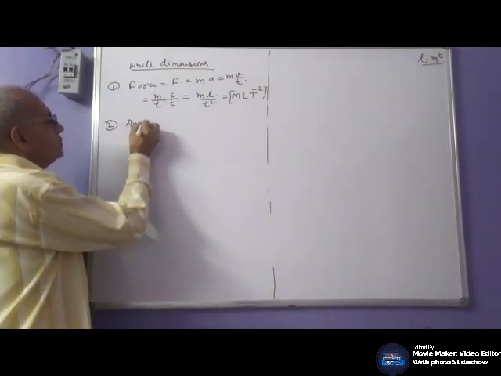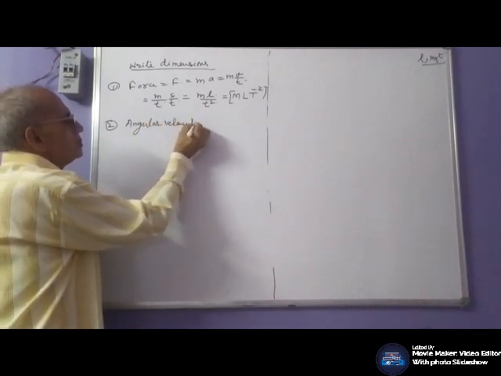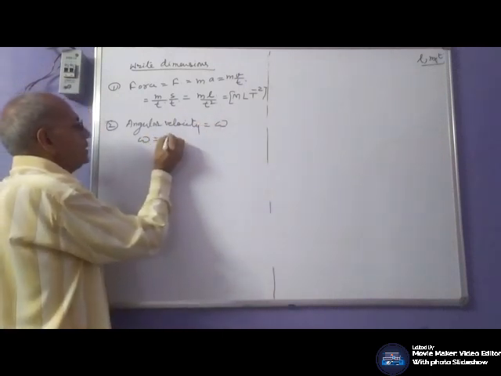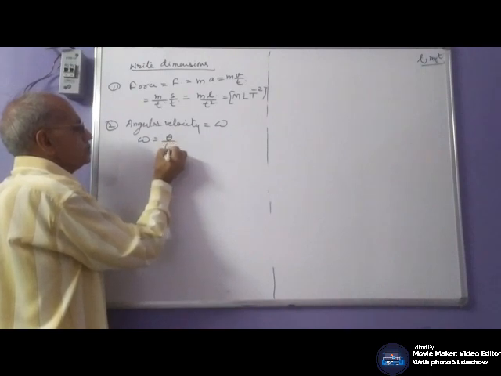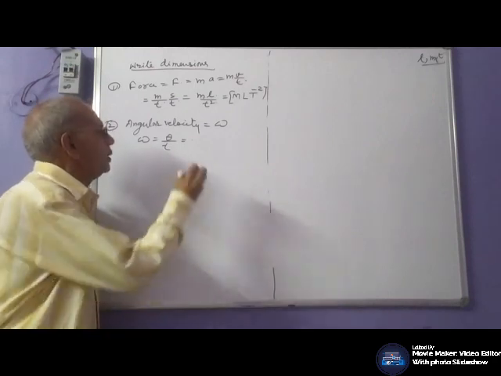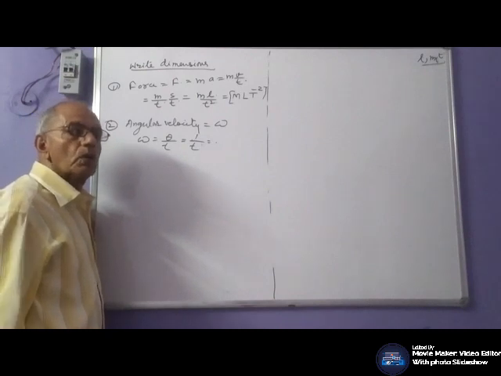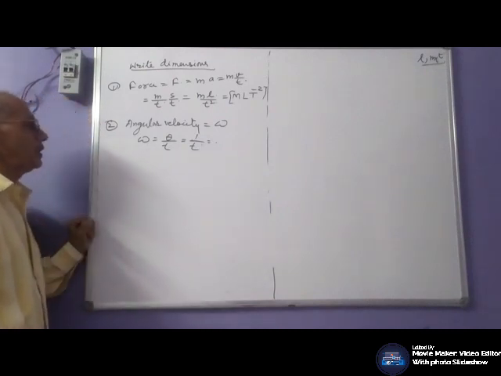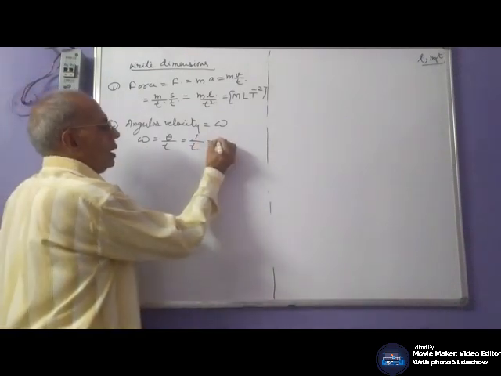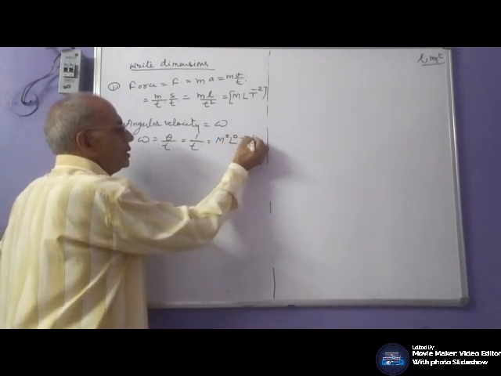Angular velocity. Omega. We know omega is theta by T. Theta is arc upon radius, length upon length. Now, this is the complete definition of angular velocity. So M0, L0, T minus 1.